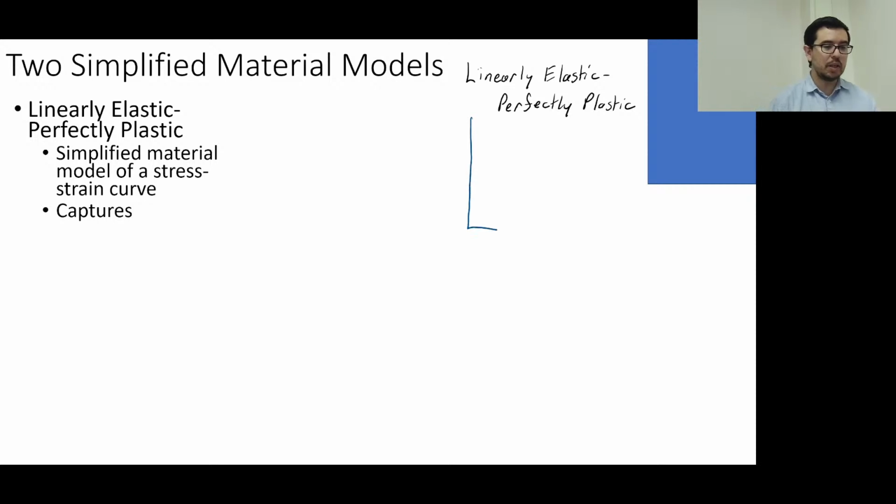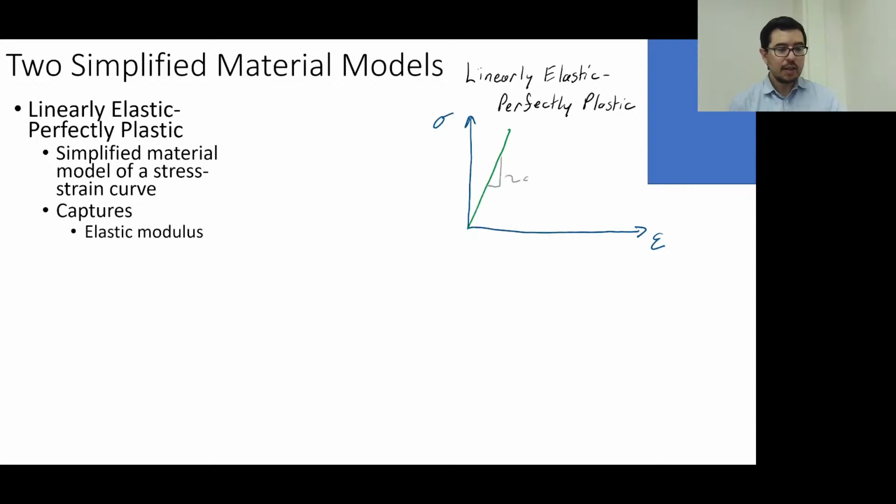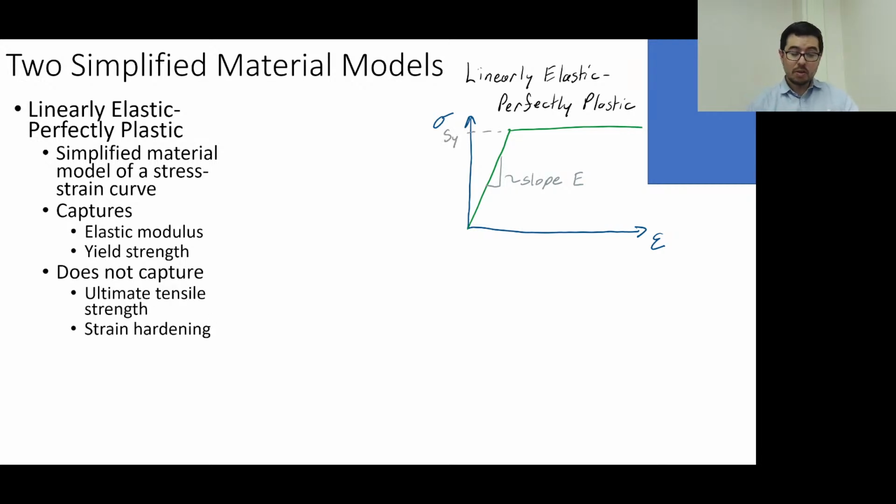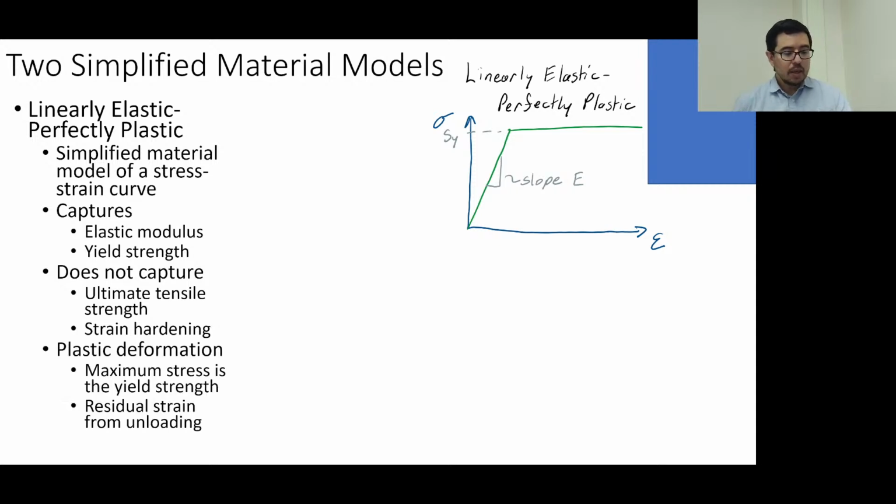It's going to tell us the elastic modulus. It's going to tell us the yield strength. It does not capture ultimate tensile strength, and it does not capture what's called strain hardening, which we'll talk about in a second. It does capture plastic deformation, and essentially, the maximum stress is just the yield strength.